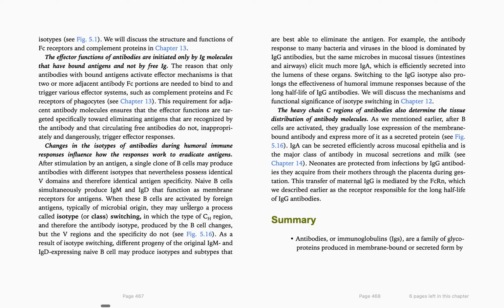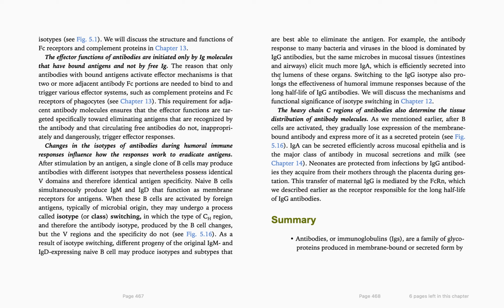When these B cells are activated by foreign antigen, typically of microbial origin, they may undergo a process called isotype class switching, in which the type of constant heavy region, and therefore the antibody isotype produced by the B cell, changes, but the V region and the specificity do not. As a result of isotype switching, different progeny of the original IgM and IgD expressing naive cells may produce isotypes and subtypes that are best able to eliminate the antigen.